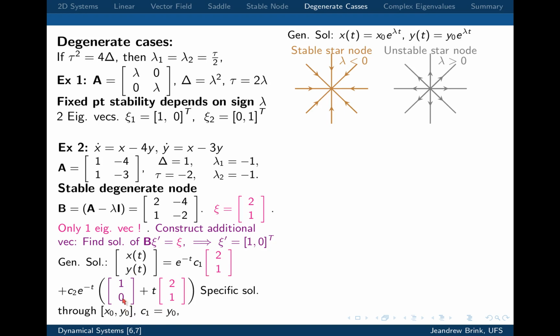Because that thing is 0, this thing vanishes, so y0 is equal to c1, and x0 is then equal to 2 times c1 plus c2, and so c2 is simply equal to x0 minus 2y0. Okay, so we now have the full solution with our constants given in terms of the initial conditions.